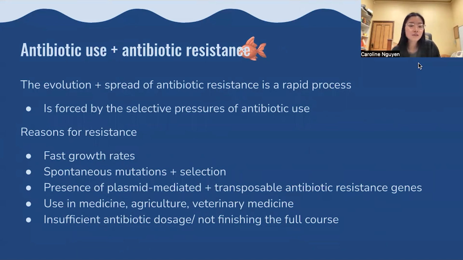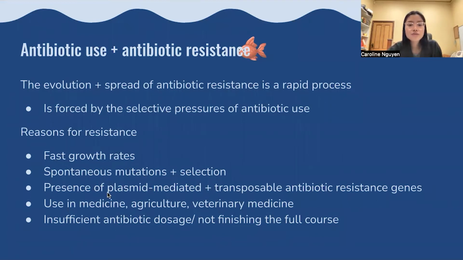Additional factors include the fact that binary fission, which is the process where bacteria divide, happens really quickly. And because division happens so quickly, there's also a high rate of mutations, which means we have a higher chance of genes being altered to gain this resistance.